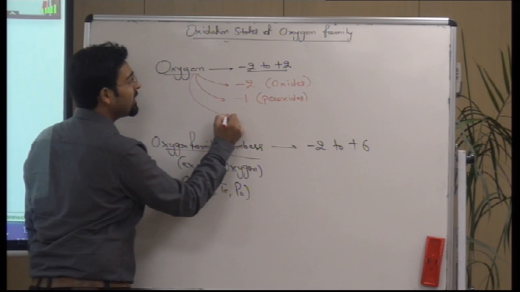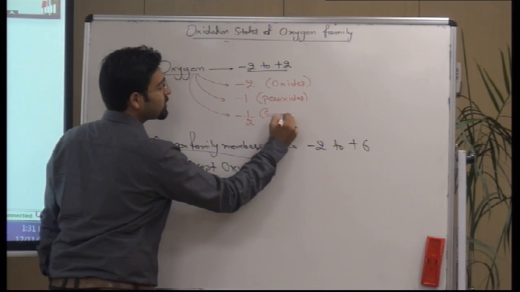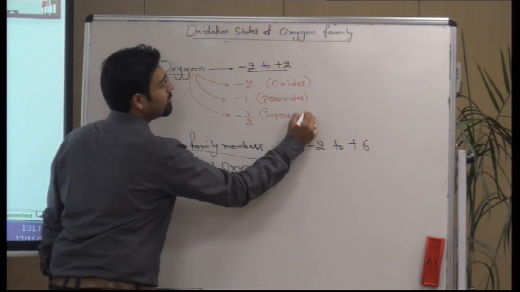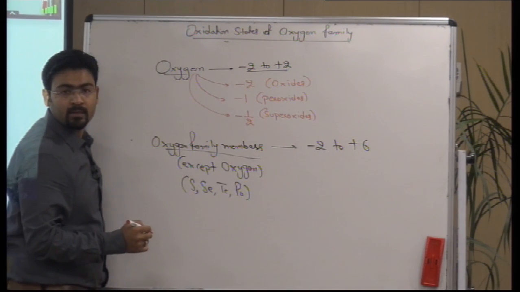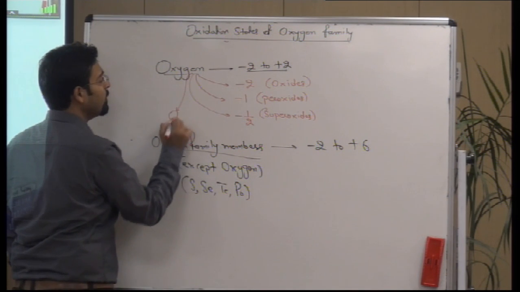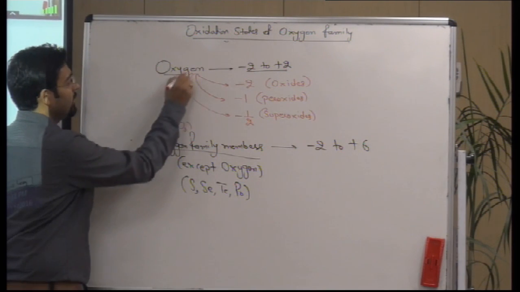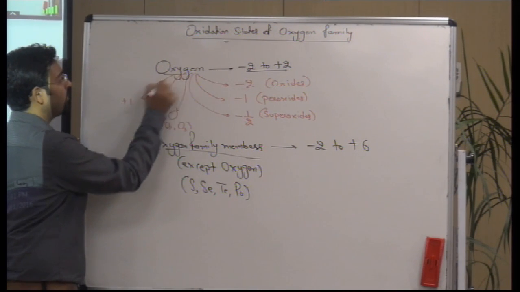In some compounds, it combines in the form of superoxides, where its oxidation state is -1/2. Right? These are the ones which are negative. 0 when it is in the pure elemental state, O2 or O3. When will it be +1 or maybe +2?